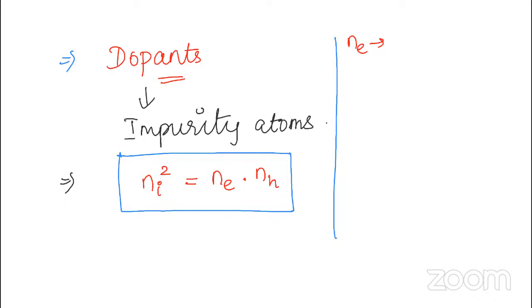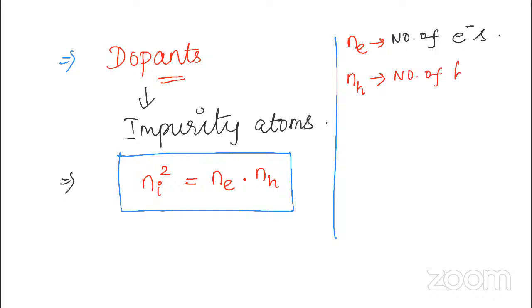Ne represents the number of electrons, and NH is the number of holes.